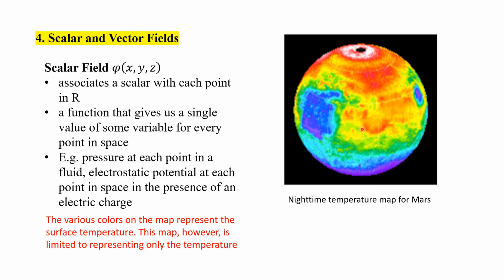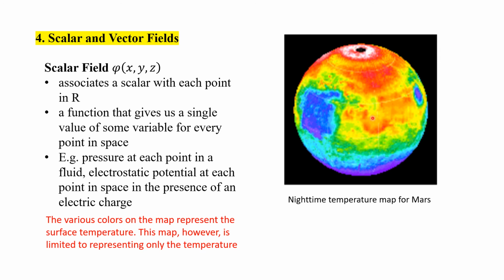What we have here, as an example, is the nighttime temperature map for Mars. The various colors in the map represent the surface temperature, which is a scalar quantity. This map, however, is limited to representing only the temperature.